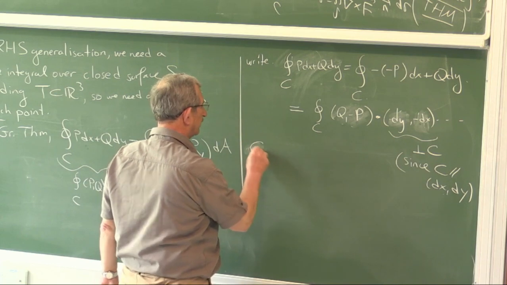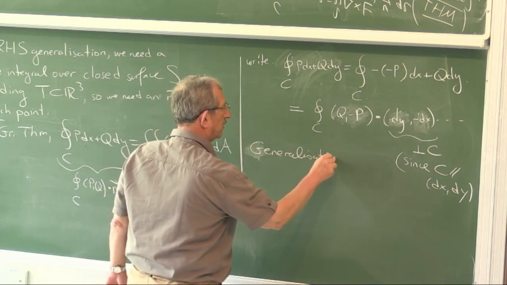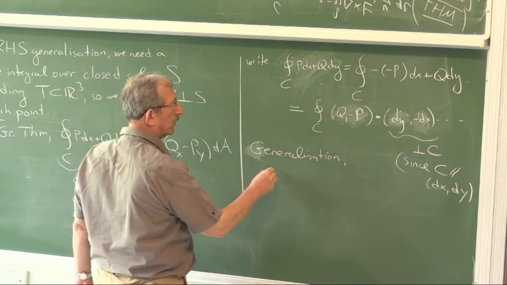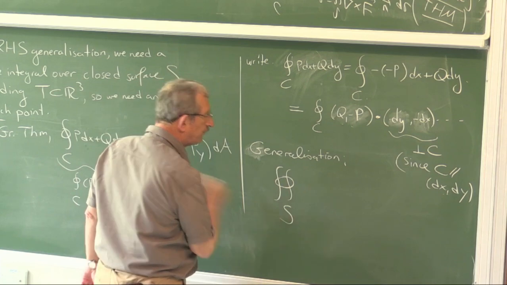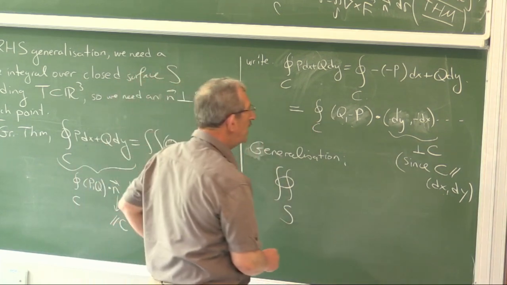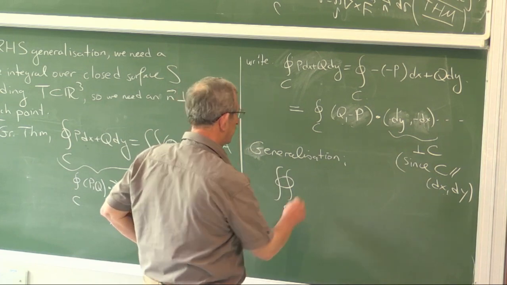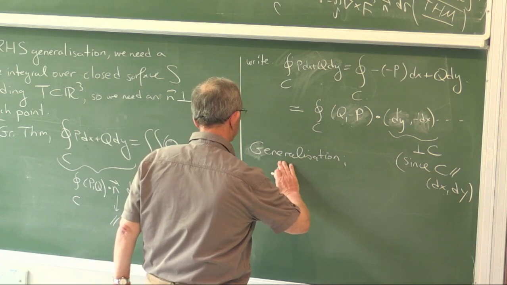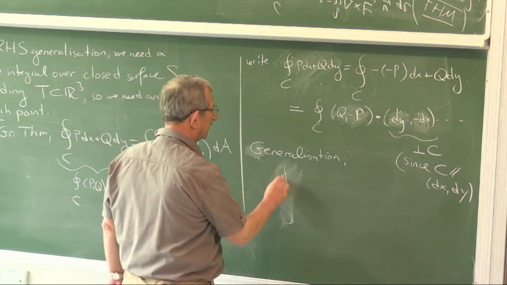Okay, so generalization will become the closed surface integral instead of C. Before this, let me write it again in this form.